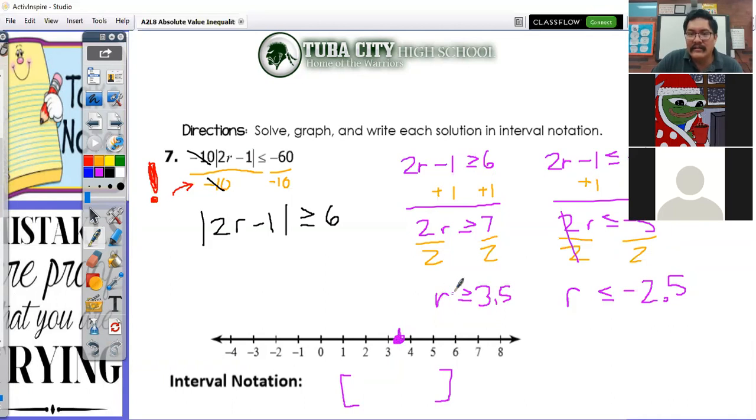So there you go. R is greater than 3.5 and less than -2.5. Okay, all right, there we go. And then going this way.